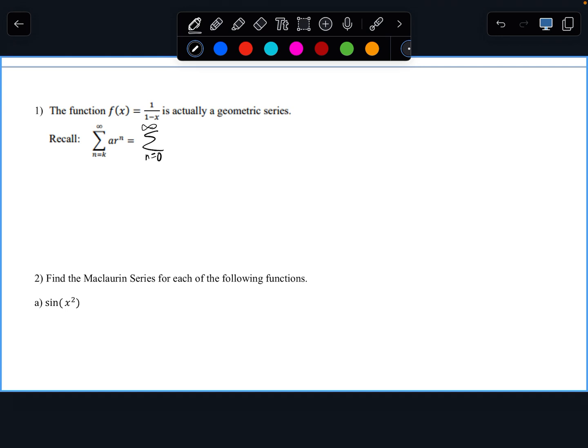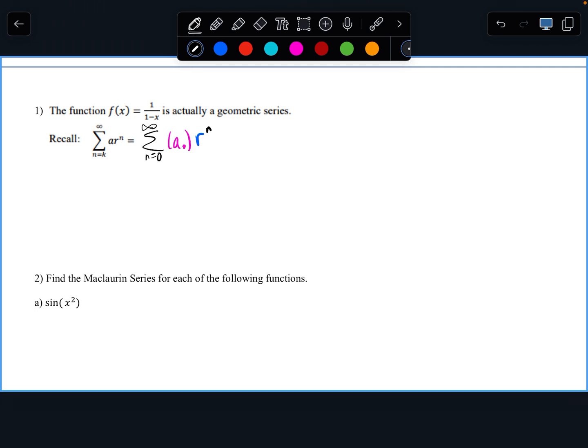Remember for a geometric series, the form of it was a sub 0, your first term, and then you get the ratio to the n, right? That would be the formula for it.